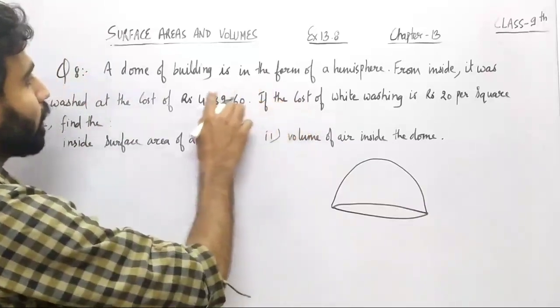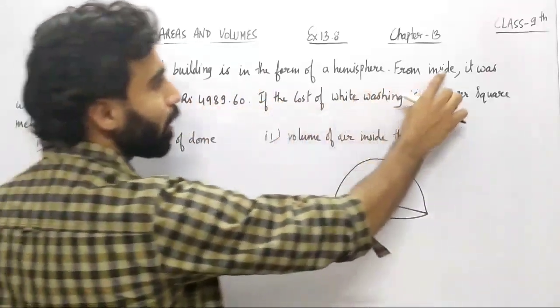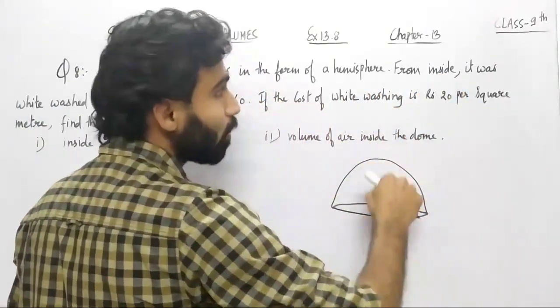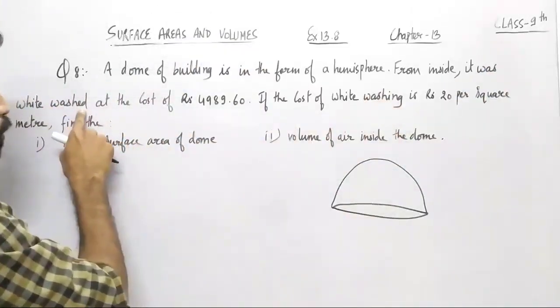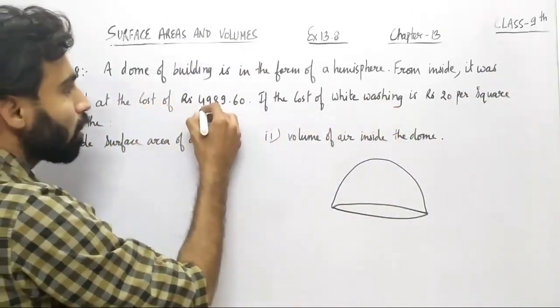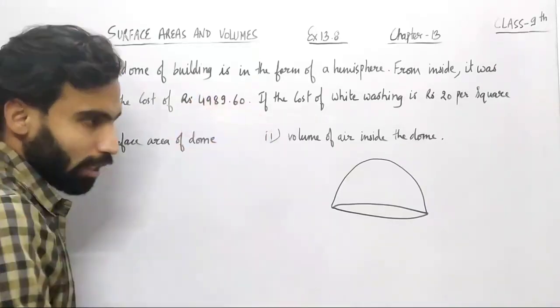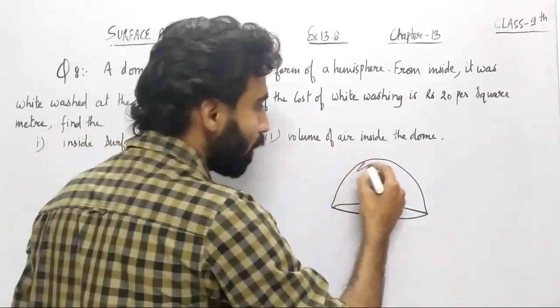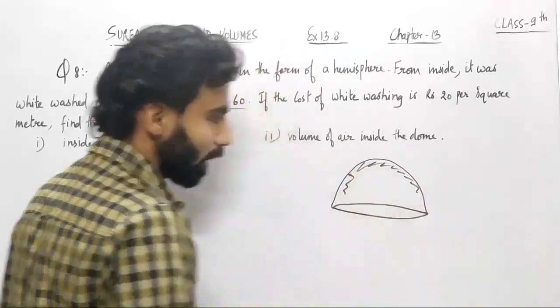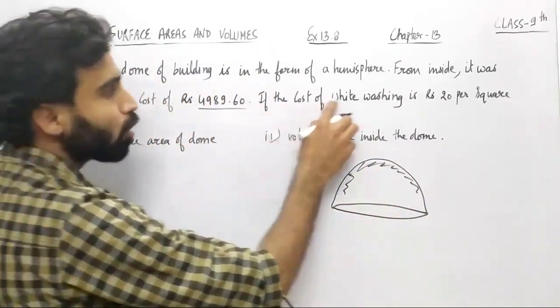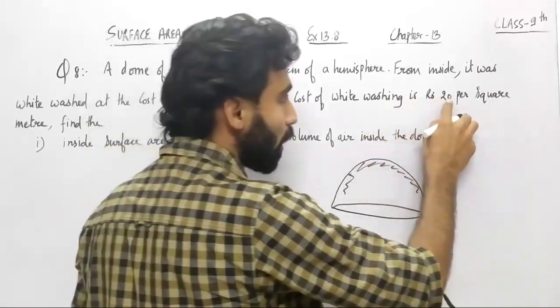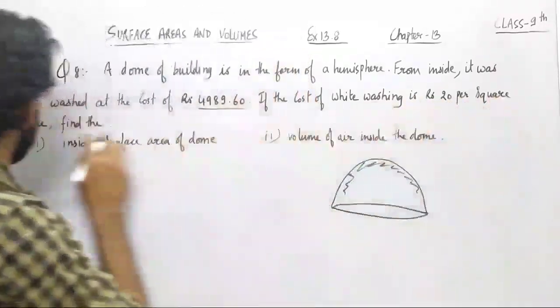So now you can see what is given here is that from inside it is whitewashed at the cost of rupees 4,989.60, right? So this is the cost for whitewashing from the inside. Now the cost of whitewashing is rupees 20 per square meter, right?